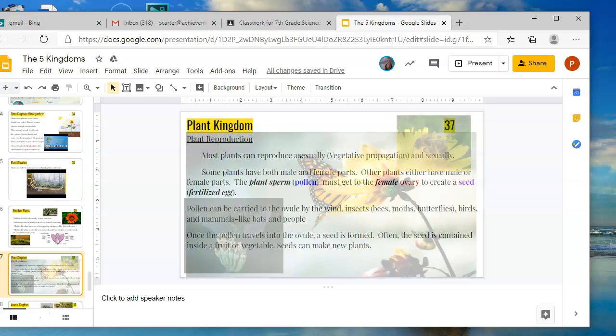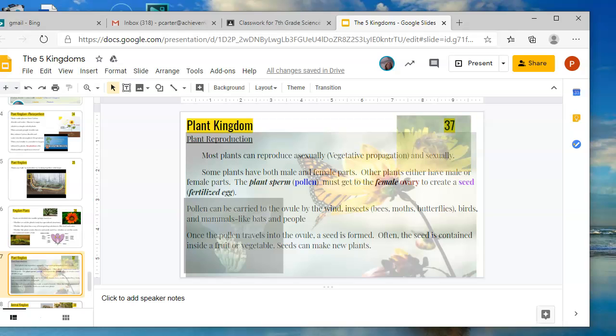Plant kingdom, plant reproduction. Most plants can reproduce asexually, vegetative propagation, and sexually. Some plants have both male and female parts. Other plants have either male or female parts. The plant's sperm, pollen, must get to the female ovary to create a seed, a fertilized egg.